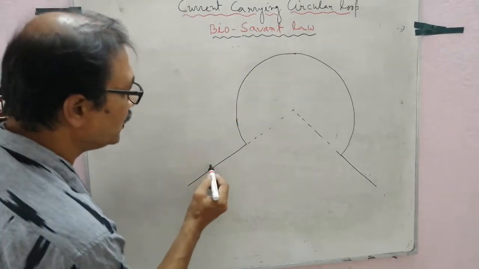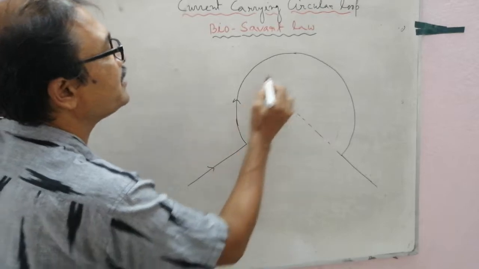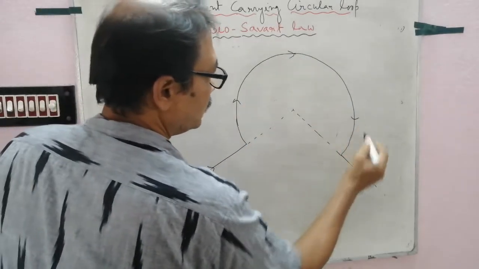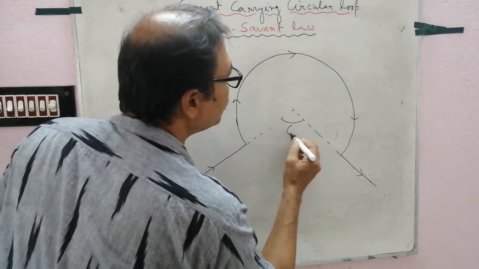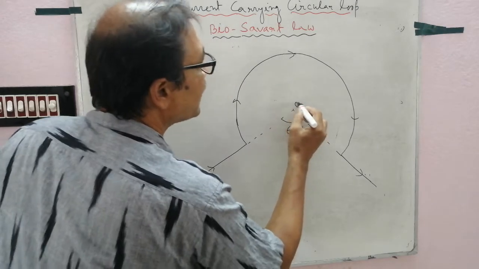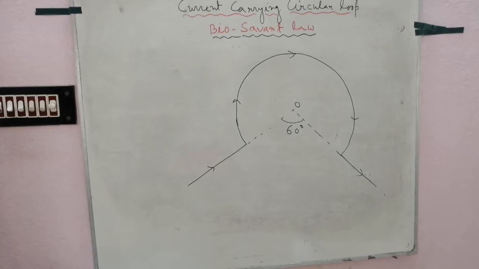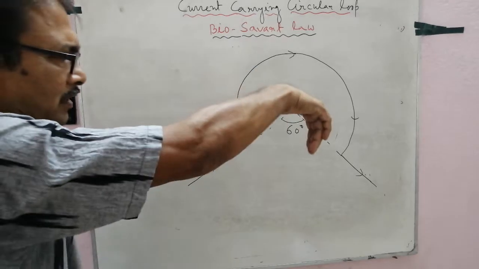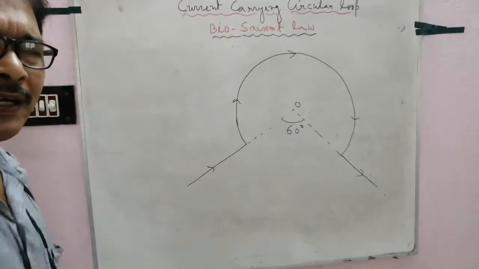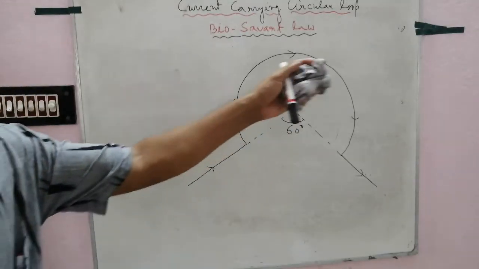Follow. If the current flows in this direction, this angle is 60 degree, this is the center. You have to find out the magnetic field at the center. Of course, the direction is downward, away from the reader, perpendicular to the plane of the board.